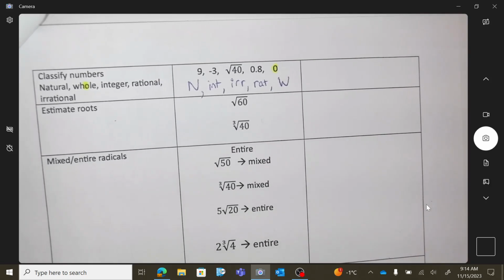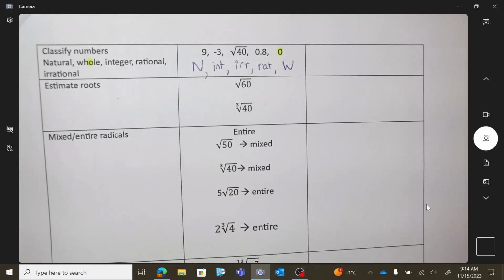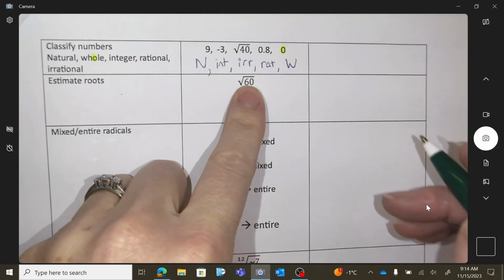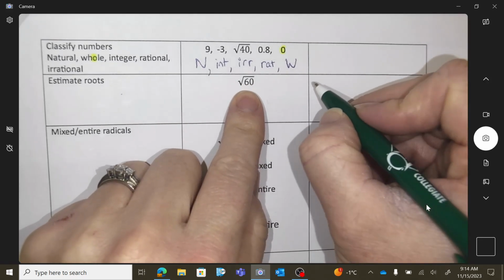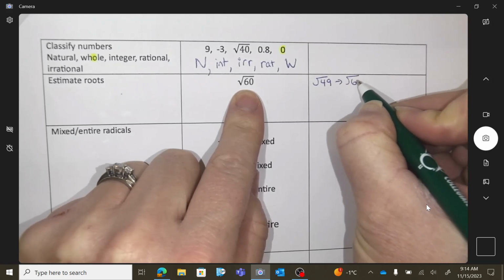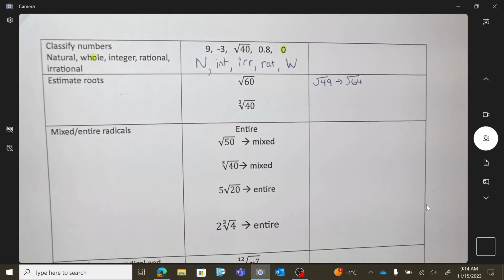Okay, estimating roots. So you need to have all your square root numbers ready to go. So I would know the lower end would be the square root of 49. And then, so it's between the square root of 49 and 64.